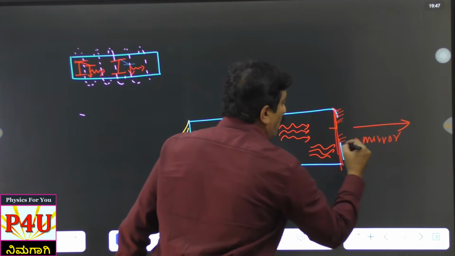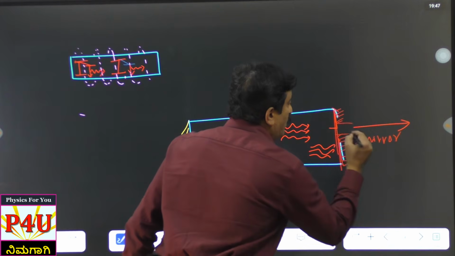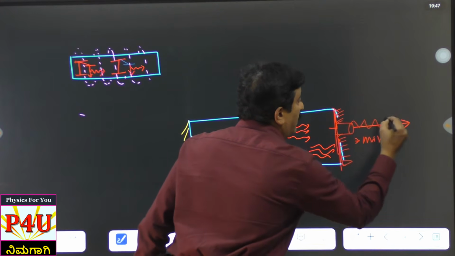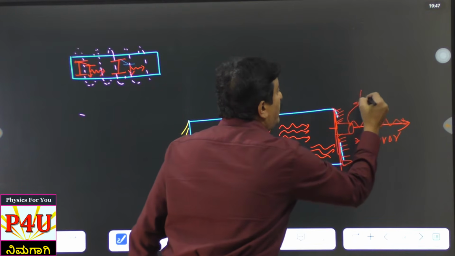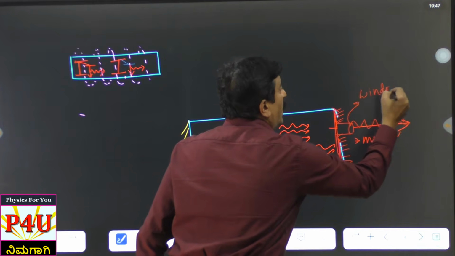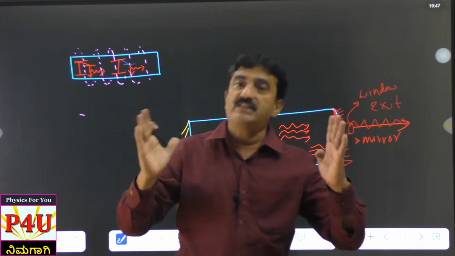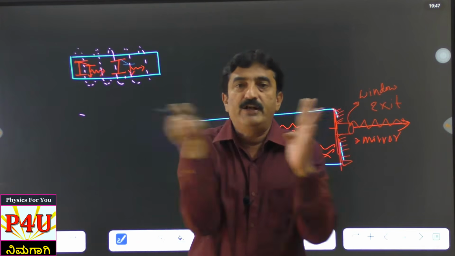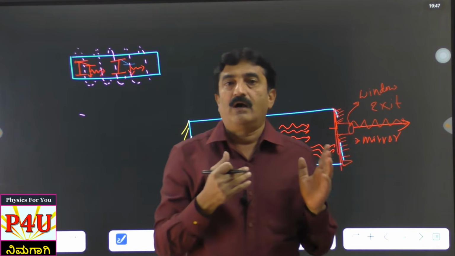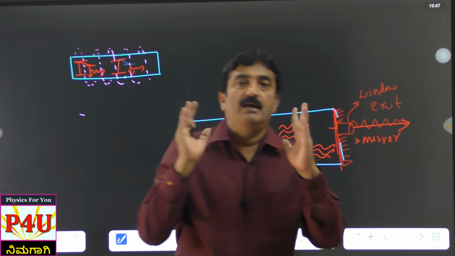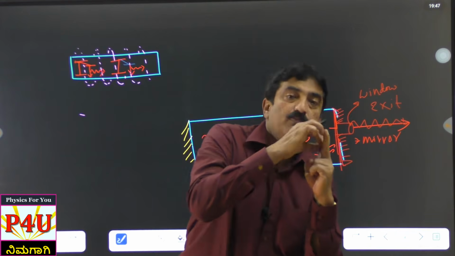There must be a small opening, so that from this opening laser light will come out. It acts like a window or a small exit. Suppose both the sides are fully silvered, it keeps on traveling to and fro, it cannot come out at all. In order to come out of the cavity, there must be a small opening.